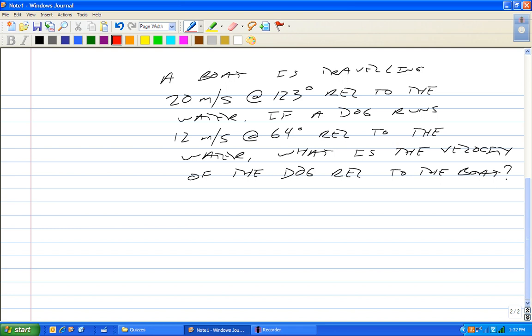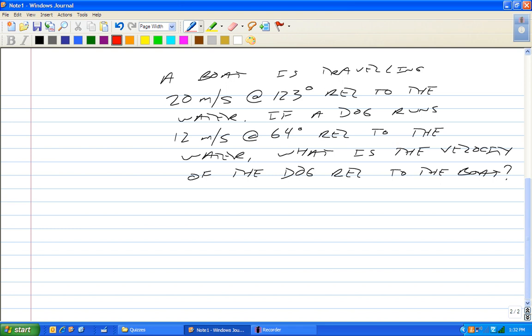So if everything within that frame of reference is moving together, then we can ignore how it's moving, which is the case with the water here. We don't care how the water is moving relative to the ground because the dog and the boat are in the same boat, so to speak. So if you're both relative to the water, you can't have an A, B, B, C, can you?